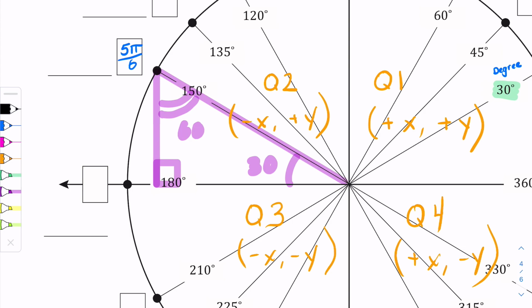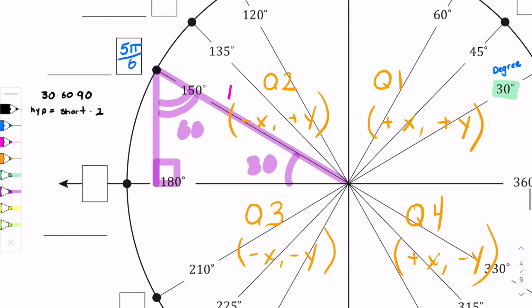We're going to use a 30, 60, 90 triangle. I'm going to start with the fact that we know the hypotenuse is 1. Remember, we know that this length is always 1. So you're going to start with the hypotenuse. The hypotenuse is equal to the short leg times 2. And the short leg is across from the 30-degree angle.